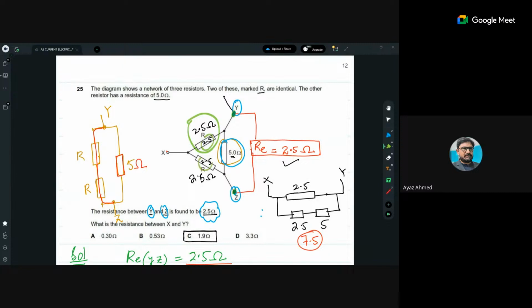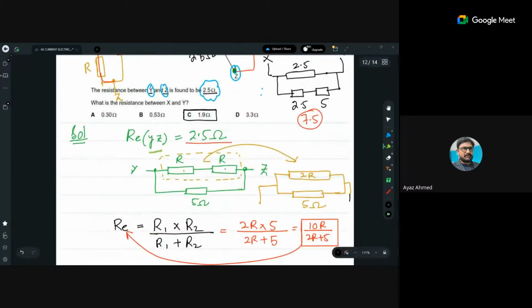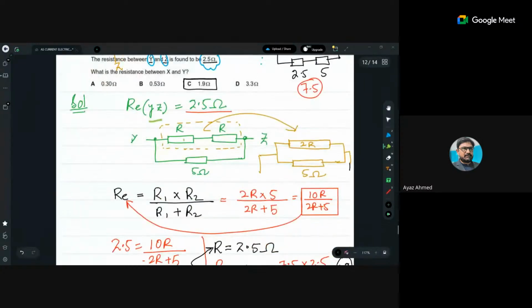This R and R, both resistors are in series with each other, and collectively they are parallel with the 5 ohm resistor, right? So R and R becomes 2R.